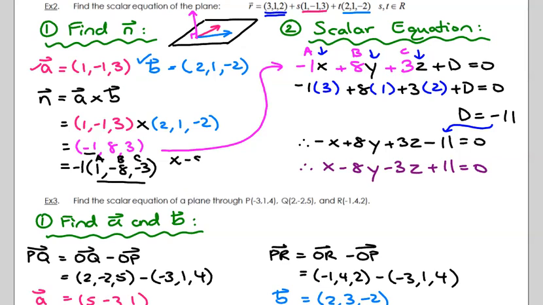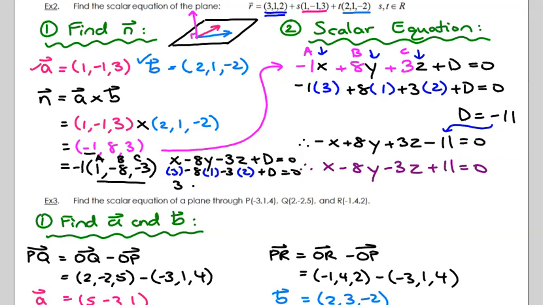AX minus BY minus 3, not 3C, Z, and I don't know what my D is. Then I'm going to sub in that point, so 3, 1, and 2. Minus 8, that was minus 3 plus D equals 0.